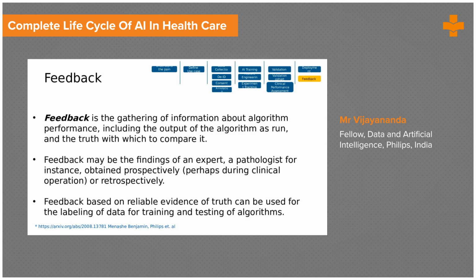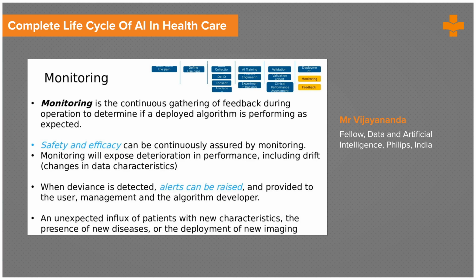Typically the feedback is given by the experts, and it is taken up for fine-tuning the algorithm, because this is also a good evidence of truth that can be considered. The other aspect is the monitoring, which is all about what typically happens in the background when the algorithm is deployed within the product.